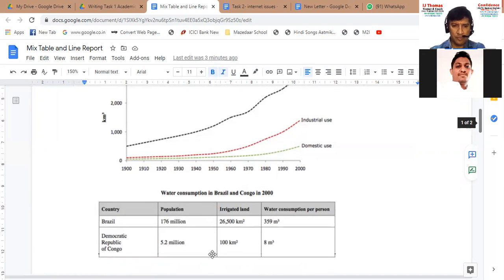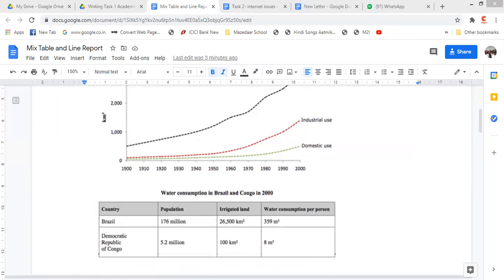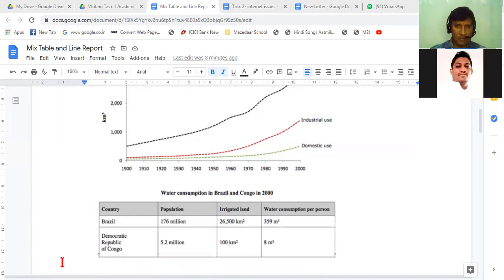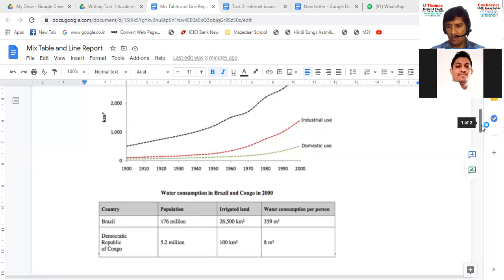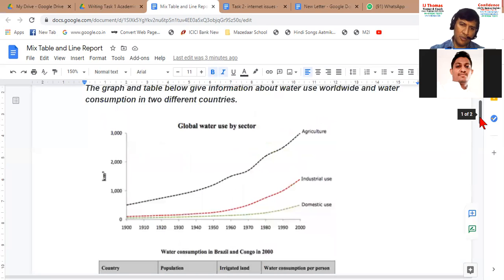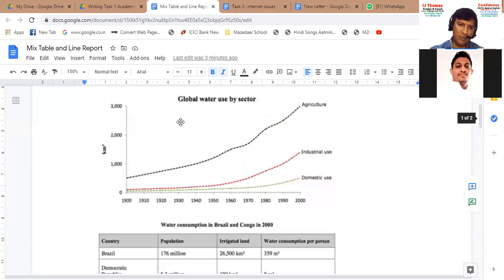So in Brazil, the population is greater than Congo, around 176 million, and the land is around 26,500 kilometers square. Now, when you are giving an overall, you should give an overall that will tell what is happening in brief here and here.